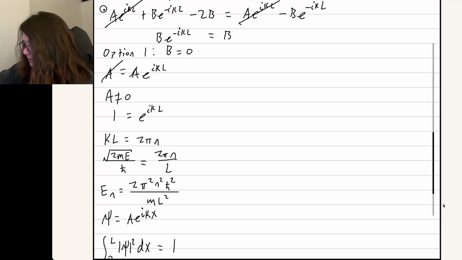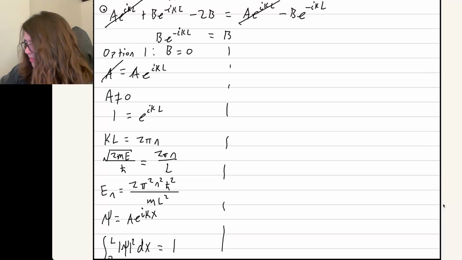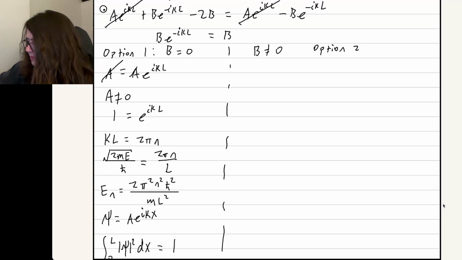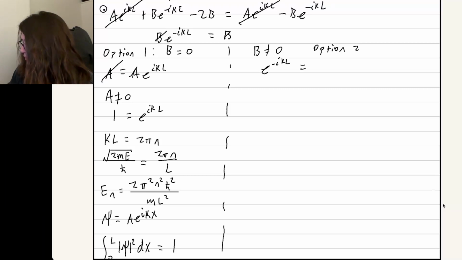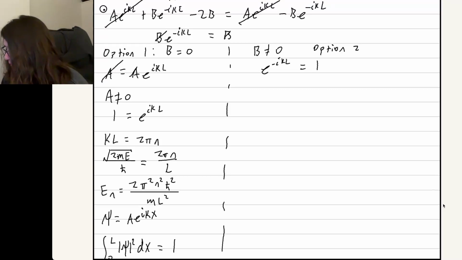Option 2, going all the way back up to this equation up here, we can say that B is not equal to 0. This is option 2. And we end up canceling out B on either side and just have e to the minus ikL equals 1.